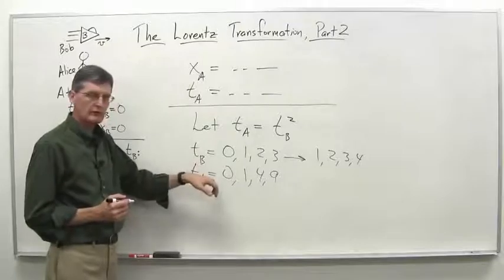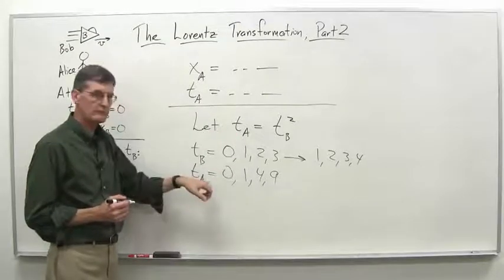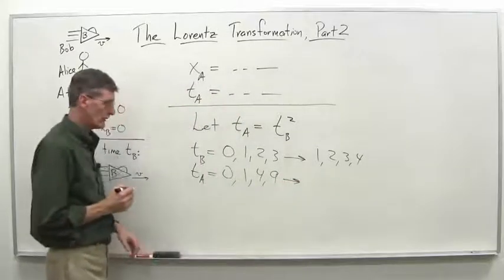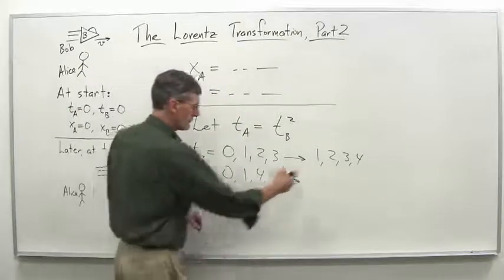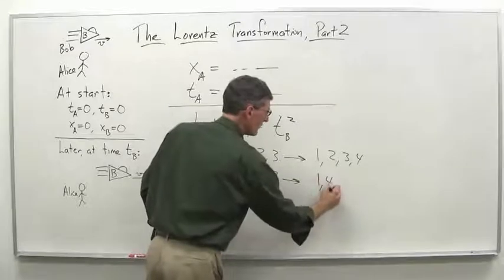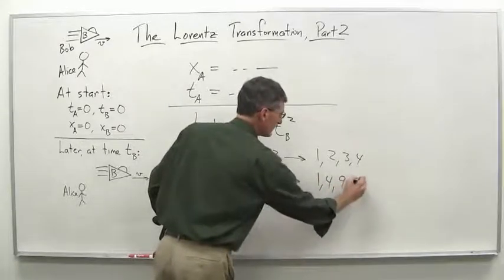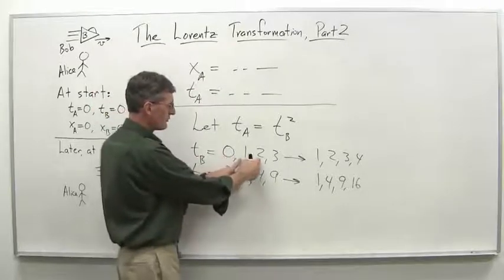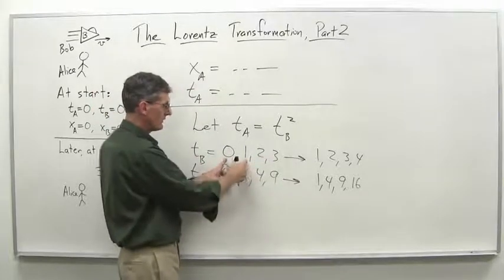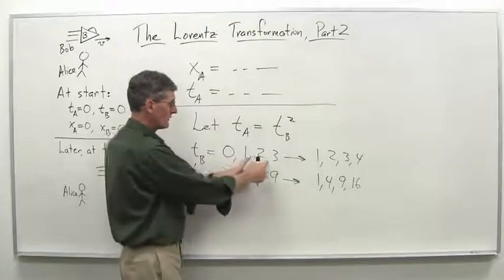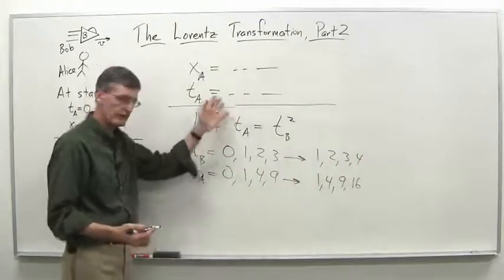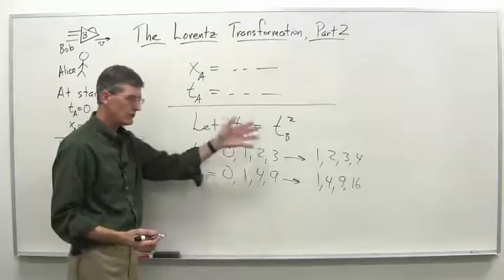But look what happens when you then use this formula and put it into Alice's clocks and her times. Then it becomes 1 squared, 4, 9, and 16. Whereas with Bob, the time between each event is still the same: 1 second, 1 second, 1 second. No change between having events at 0, 1, 2, 3 versus 1, 2, 3, 4.